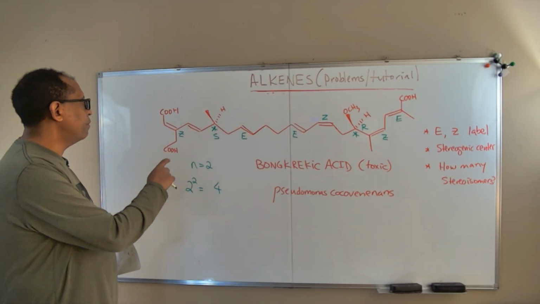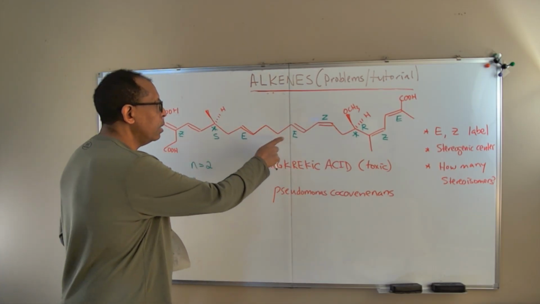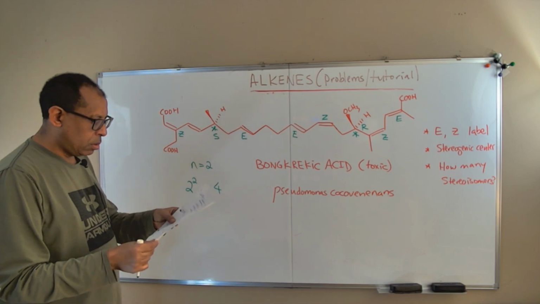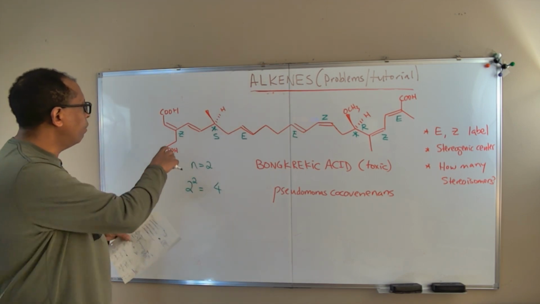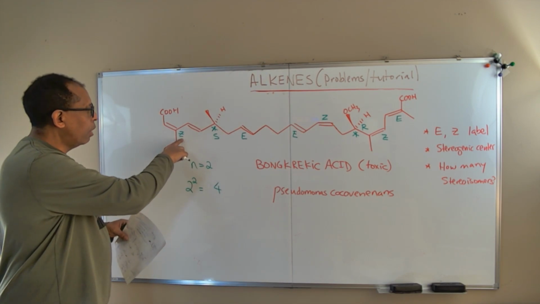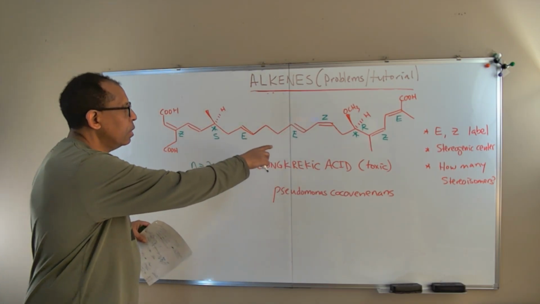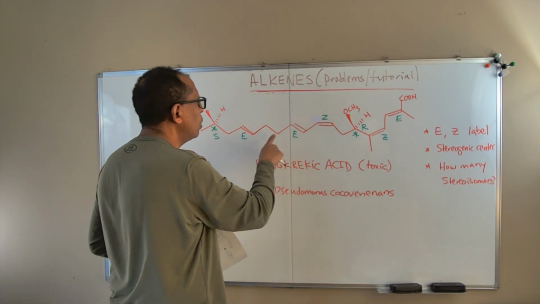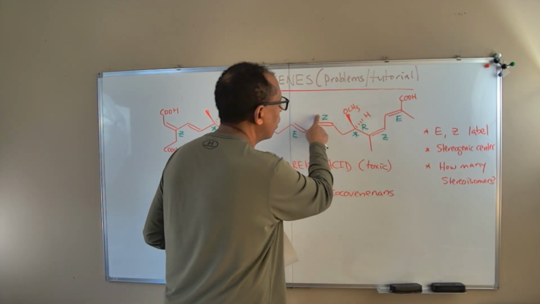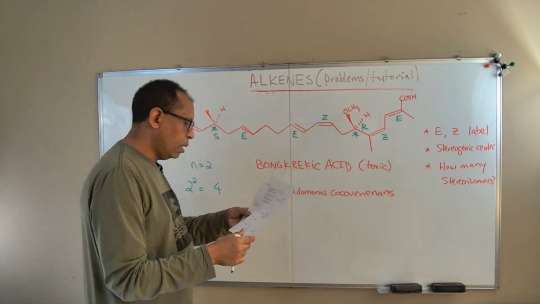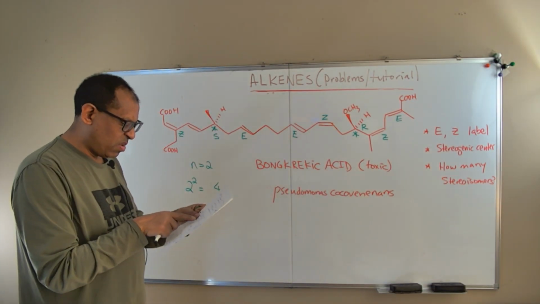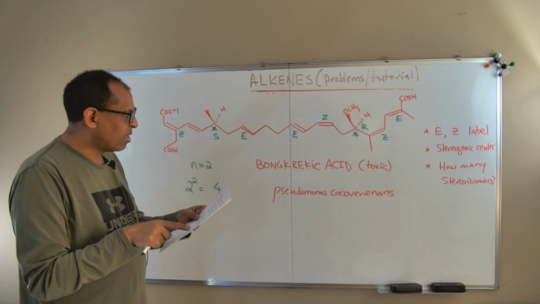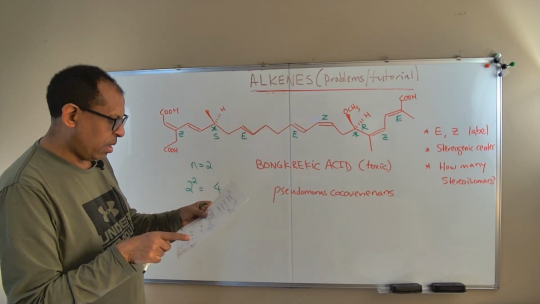But you have Z, E, E, Z, so you have 6 of them. So for this, you have a Z, E, E, Z. So I have 1, 2, 3, 4, 5, 6. Let me see. 1, 2, 3, 4, 5, 6, 7. How did I have a 7?